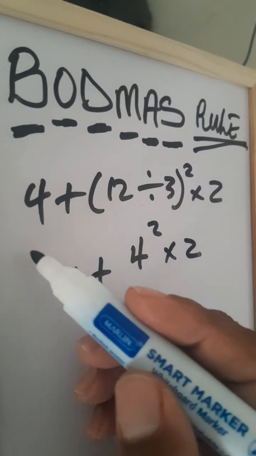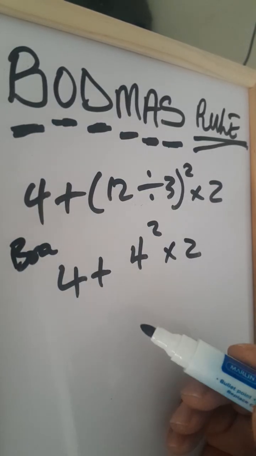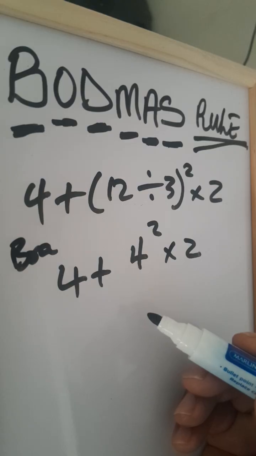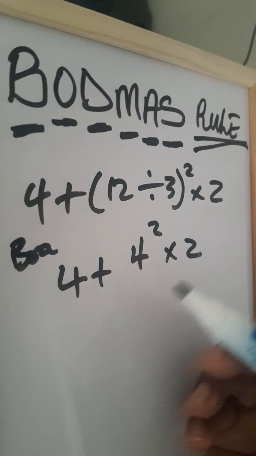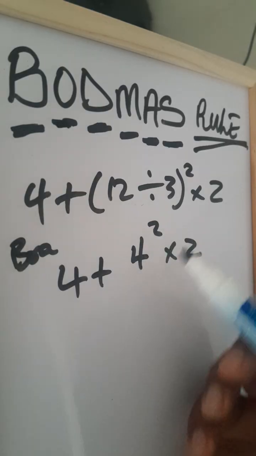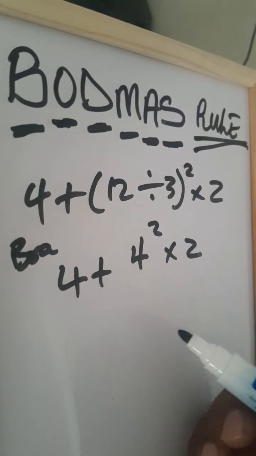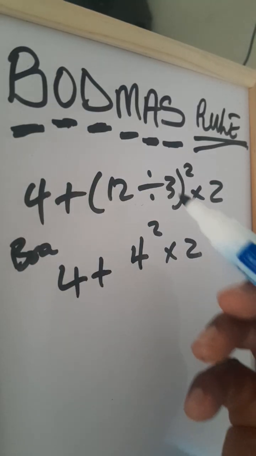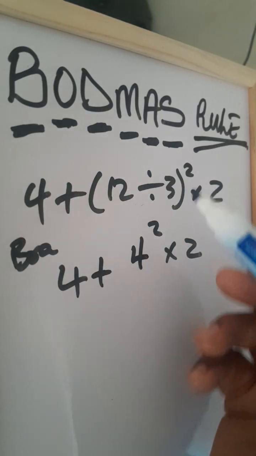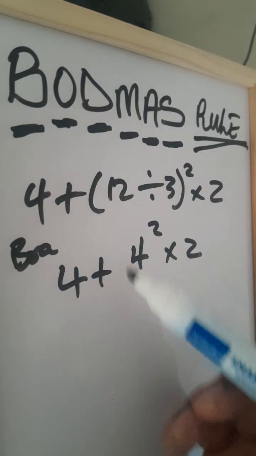We started with brackets. Then now we go to the order. To the order, we get rid of this first. The reason we divided first is to get rid of the brackets. We start with brackets. Now we go to the order.